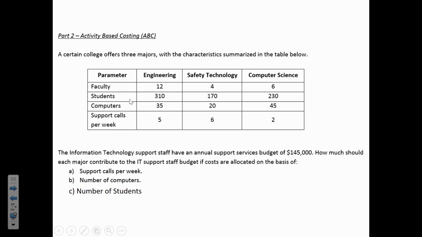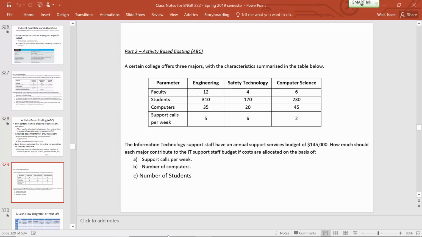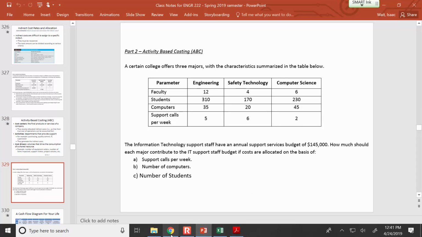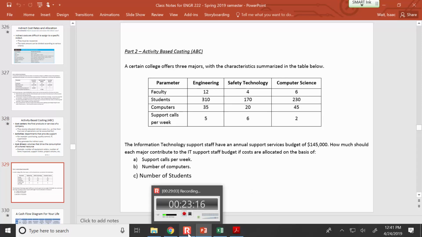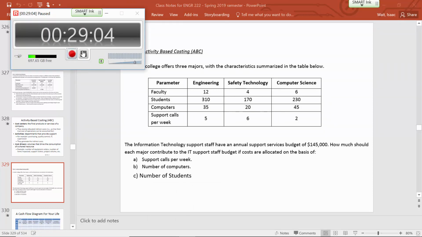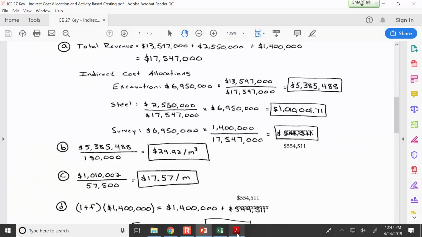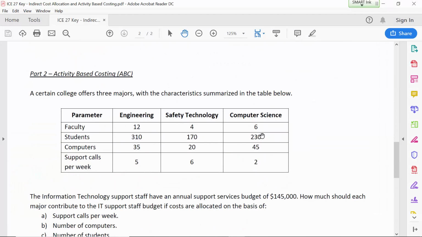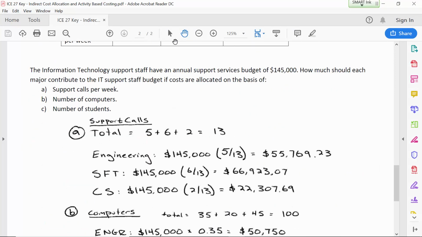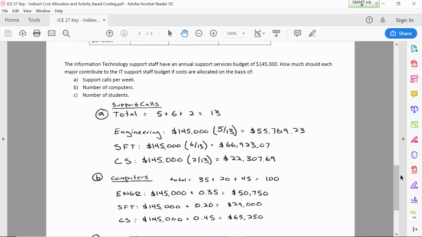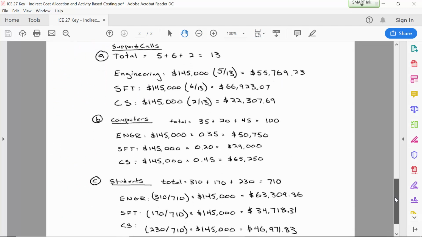So these are different drivers. I'll put the solution up on the screen if you want to have a look. There are 3 different ways to say how much each division is going to have to pay.